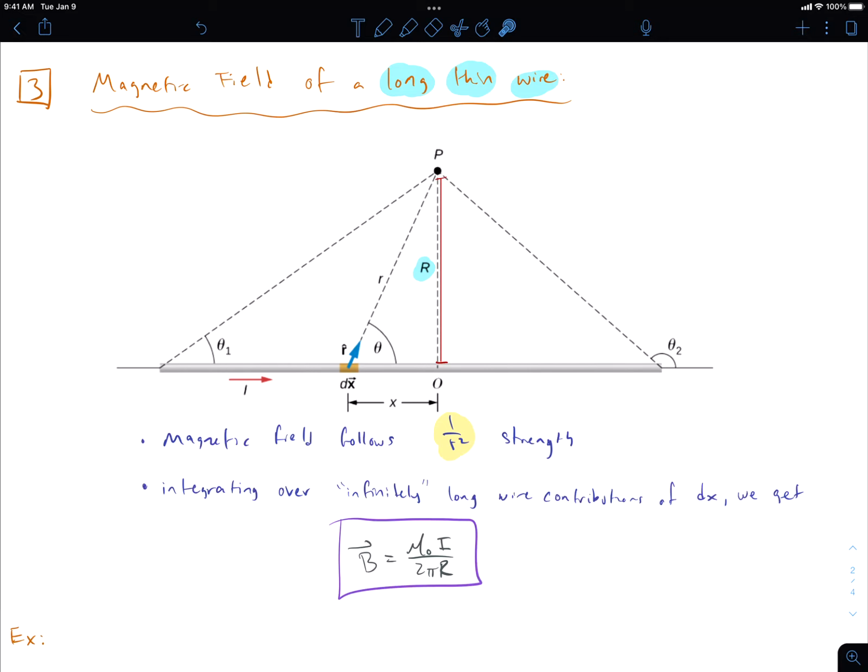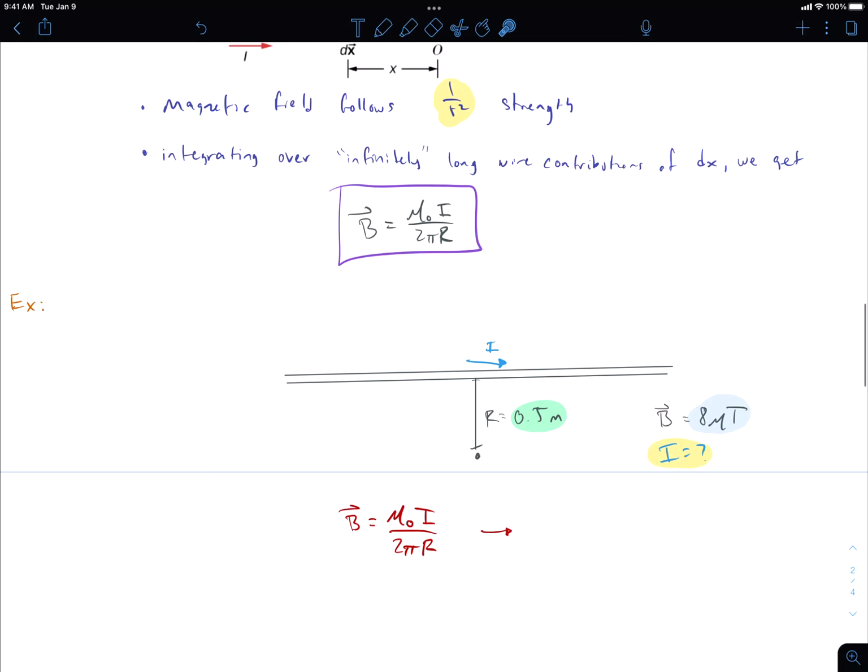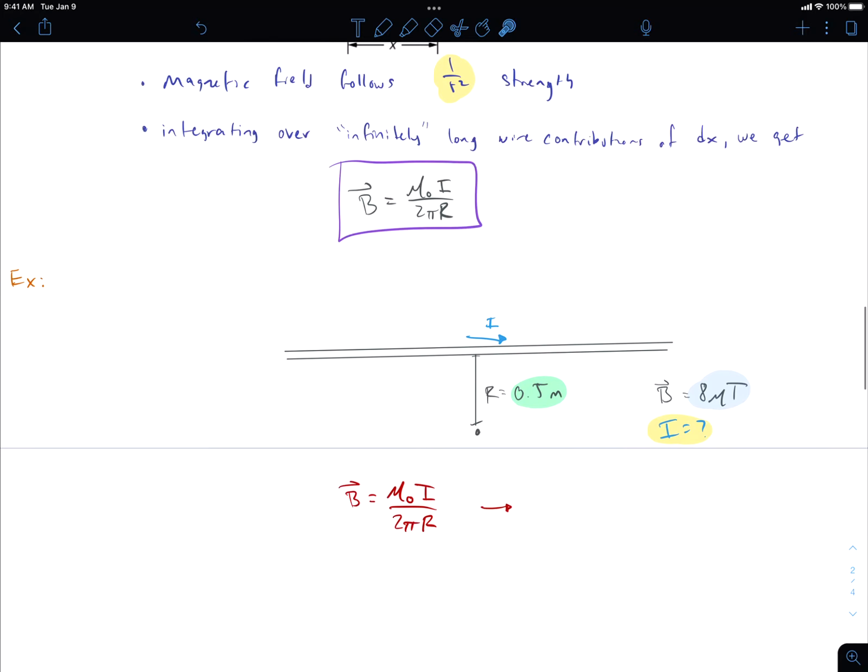And just like before, let's put an example in to get the hang of how this works. So let's say that I have a wire here, and it is, again, a long, thin wire, and we have some current going from left to right, and we have a point that is half a meter away from the wire, okay?